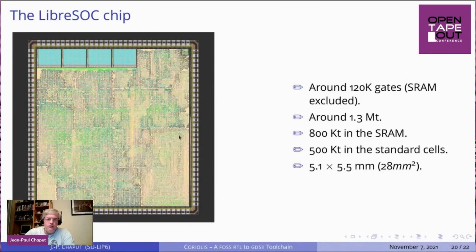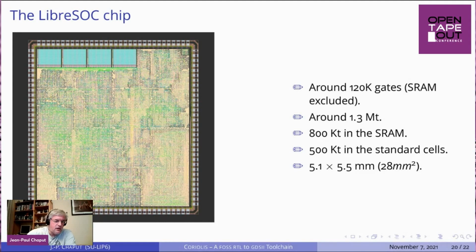And just to give you an idea, I need to look at my figures. I think it's below the hour. You can have that layout in less than 1 hour on my laptop, which is a Core i7.